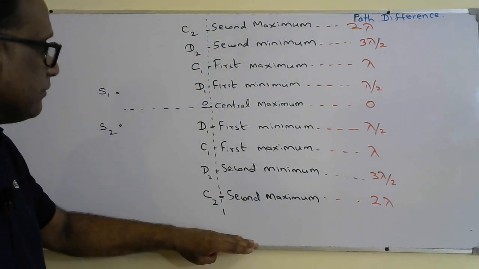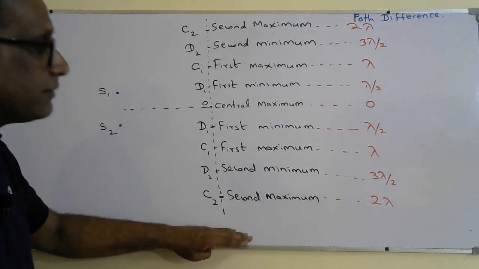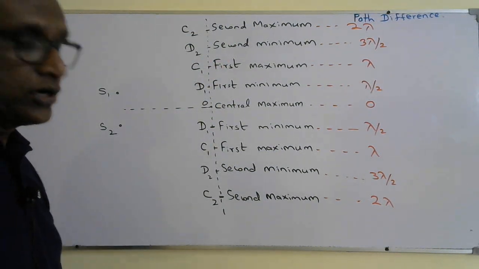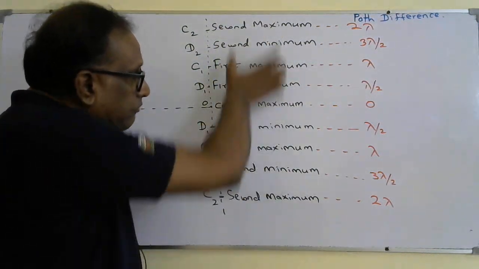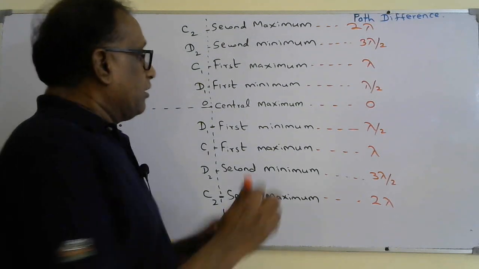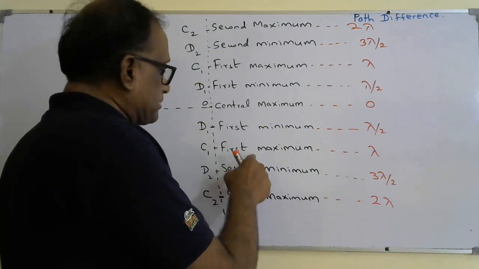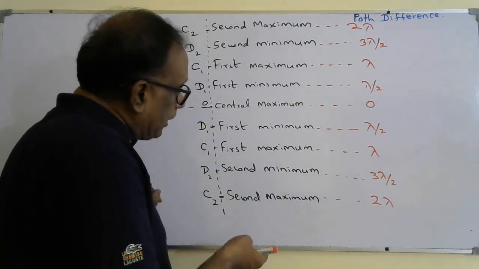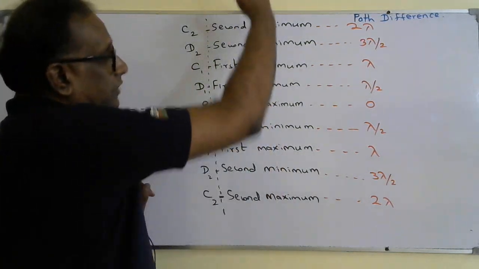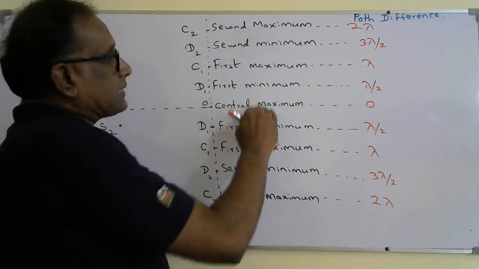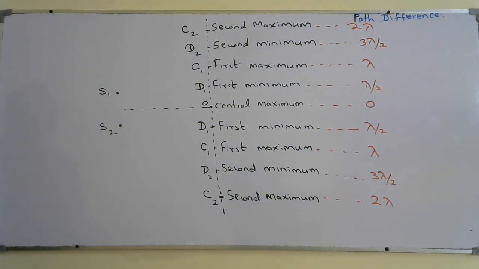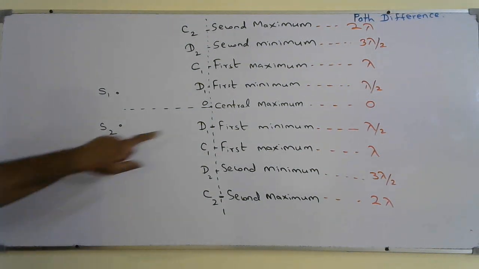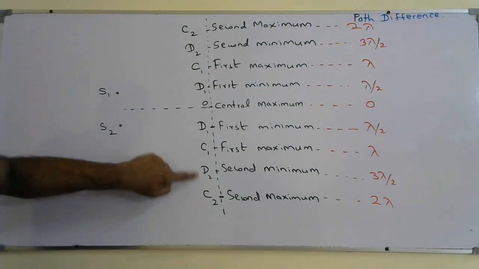Then after the third minimum there will be the third maximum, that will be 3 lambda, and so on. So remember the path difference and the relevant name for the superposition pattern: central maximum, first minimum, first maximum, second minimum, second maximum, third minimum, third maximum, and so on. In the same way, it is symmetrical about the central maximum on either side. Remember that. D stands for destructive, C stands for constructive.